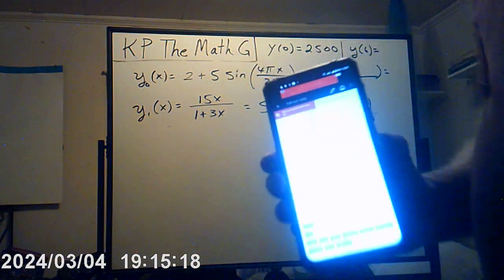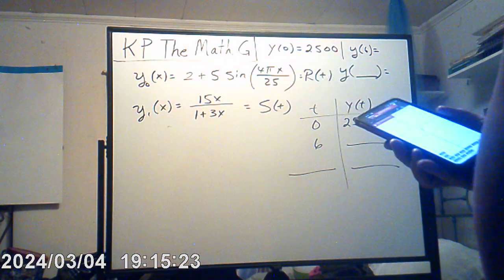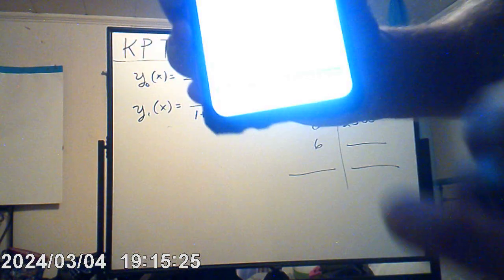That's where they are. So let's see where they intersect. I have a little symbol down here. I love it. It just says intersect right here, and it automatically tells me what my x value is.